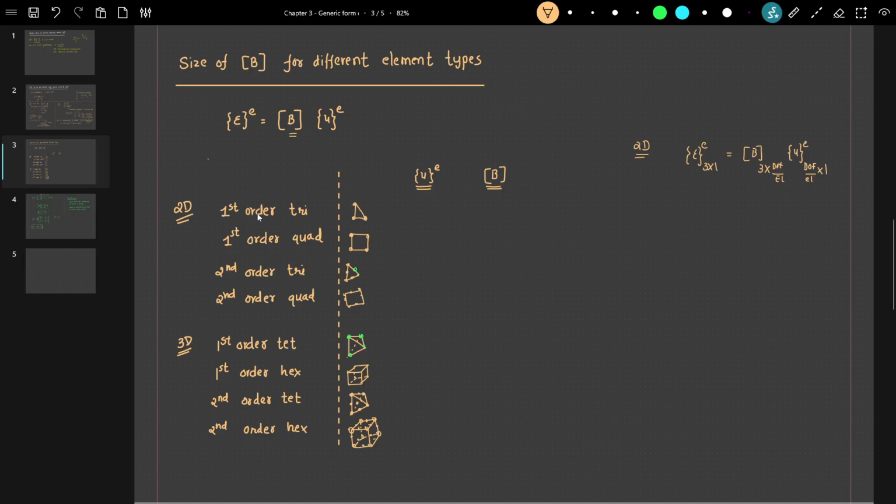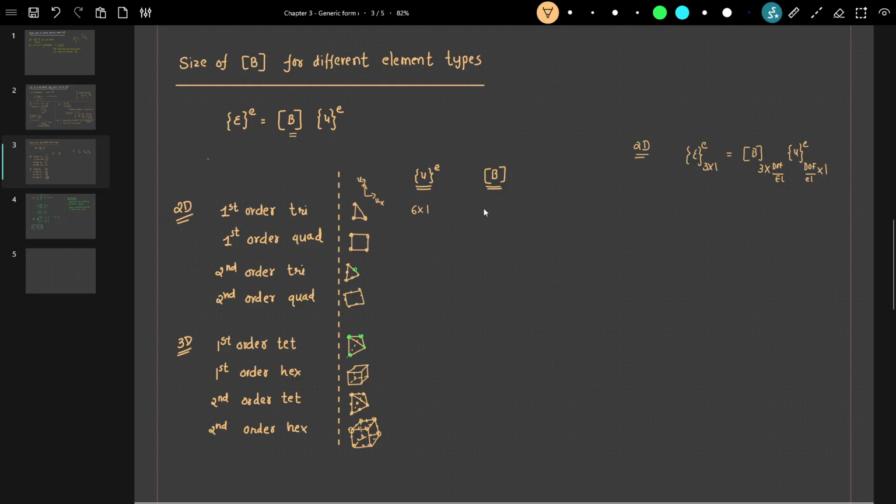Let's say for first order tri-element, which has 3 nodes, and since it is a 2D element, each node has 2 degrees of freedom, that is translation in x and translation in y. So we have 3 nodes, so 3 into 2 is the total degree of freedom per element. So U vector is 6 by 1.